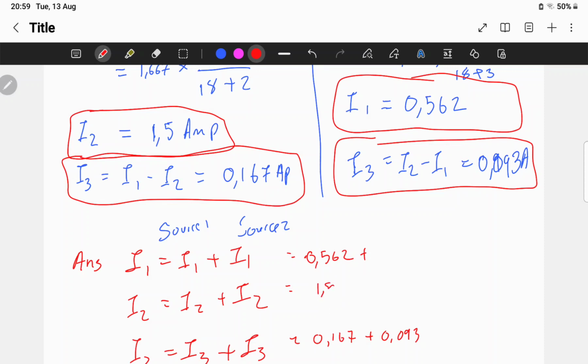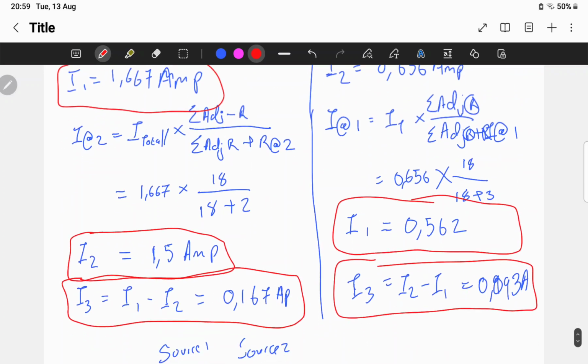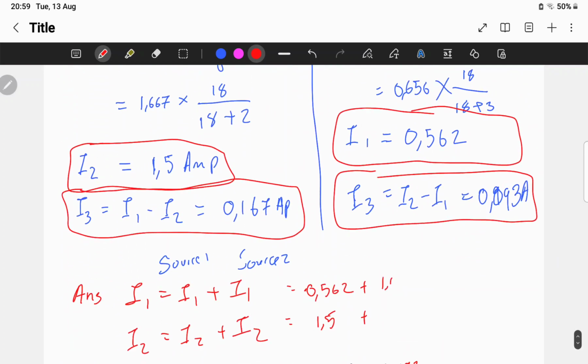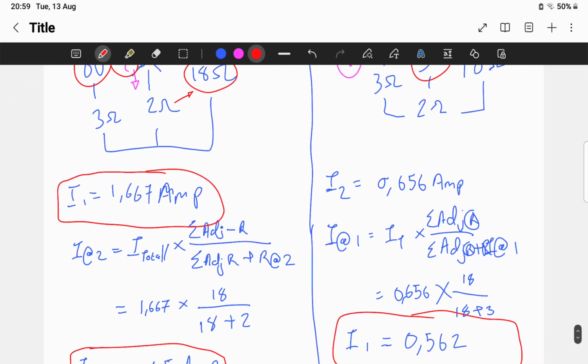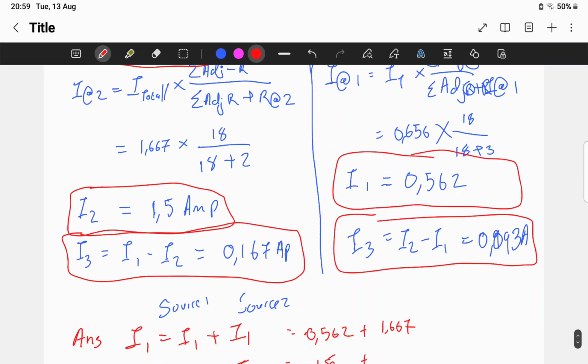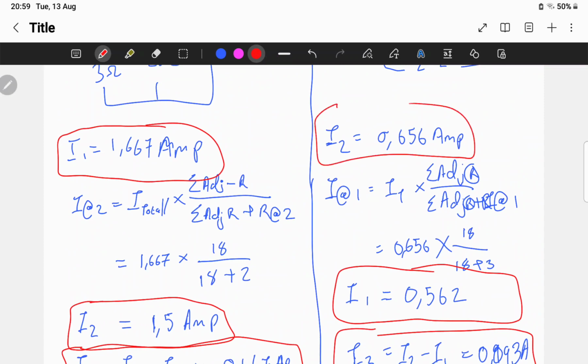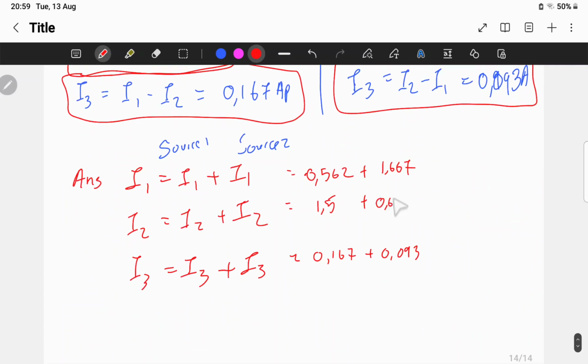I2, which is 1.5 plus 0.656. So 0.656 plus 1.667 is 2.323.